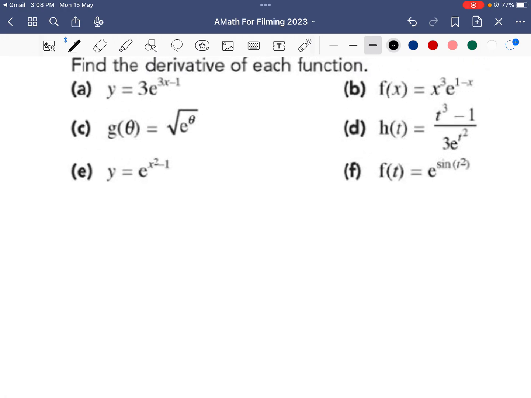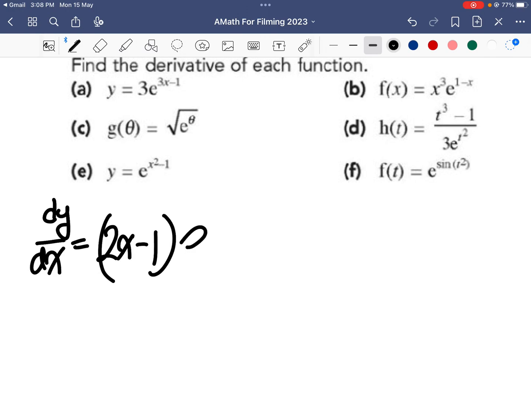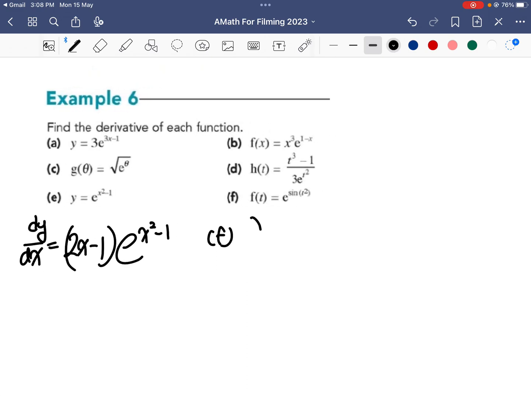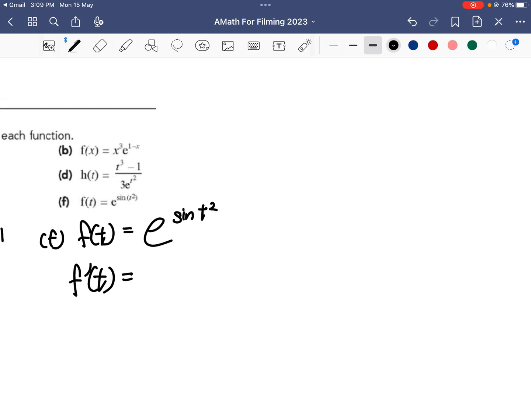Now I'll carry on with 6e. For example 6e, if I differentiate y with respect to x, very simply, I just need to differentiate the power itself. So the power is x squared minus 1. Differentiating that, I get 2x, and copy down e to the power of x squared minus 1. Similarly for part f, the function f with respect to t is e to the power of sine t squared.